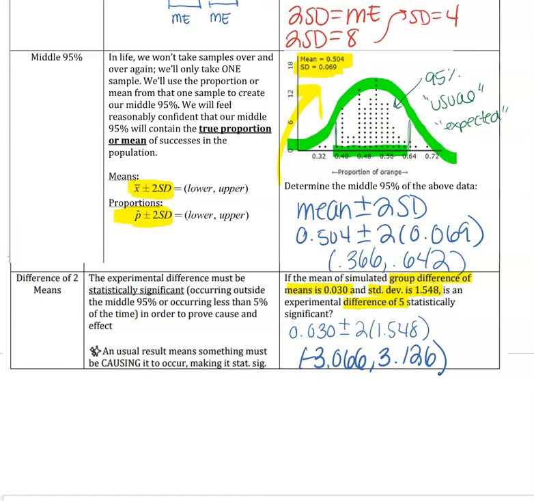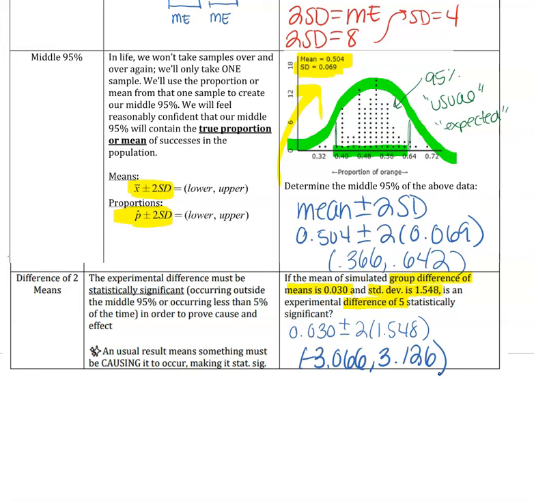So for whatever my data was, maybe it was differences in weights of tomatoes like we did in class, where I had my 10 tomatoes and I put them into one group and they got a treatment and the other group was my control, and I want to see if my treatment group grew bigger tomatoes than my control.